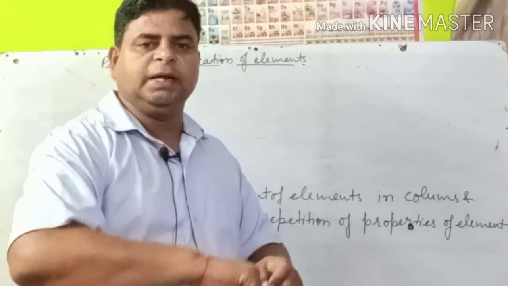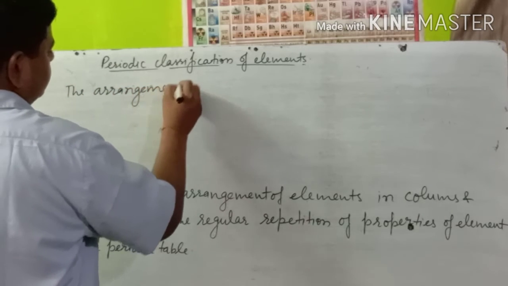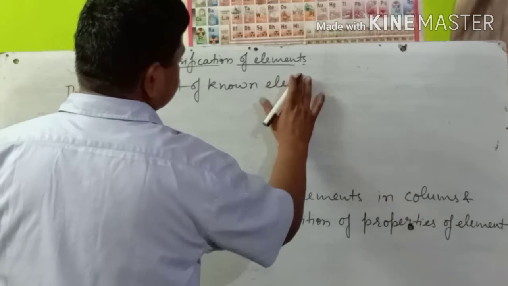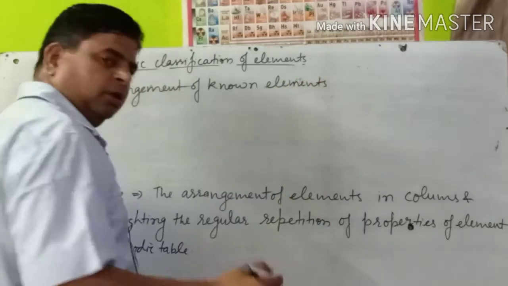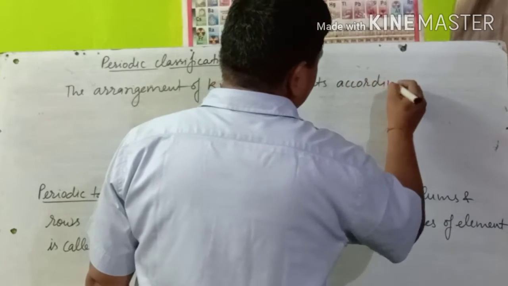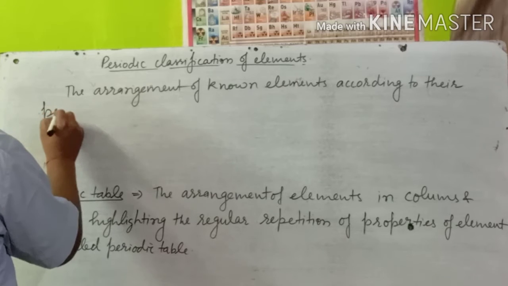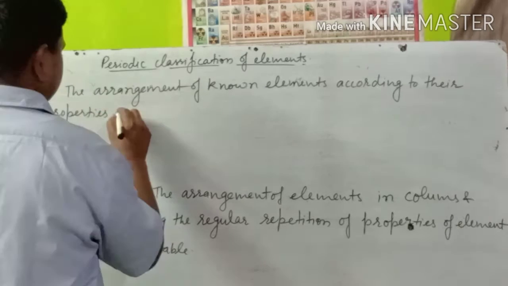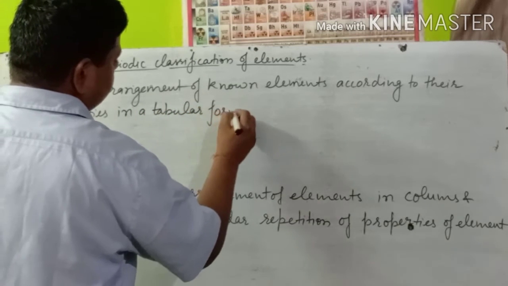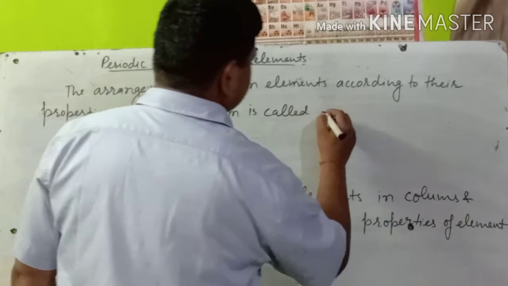Or we can also define the periodic table as the arrangement of known elements according to their properties in a tabular form.